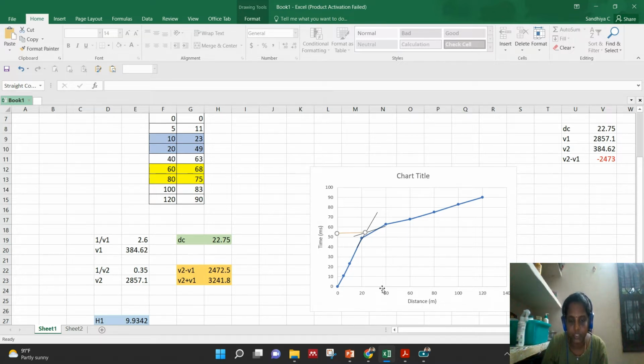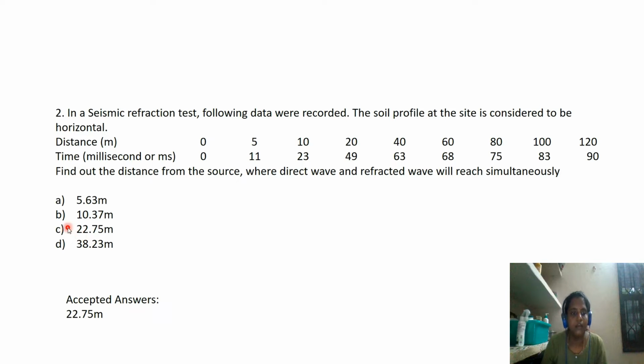The answer is between 20 and 40, so the option is C, 22.75. That is our distance from the source.